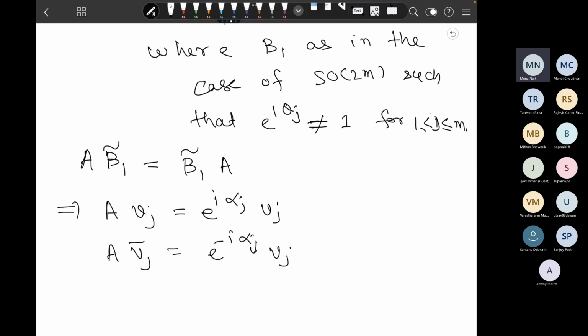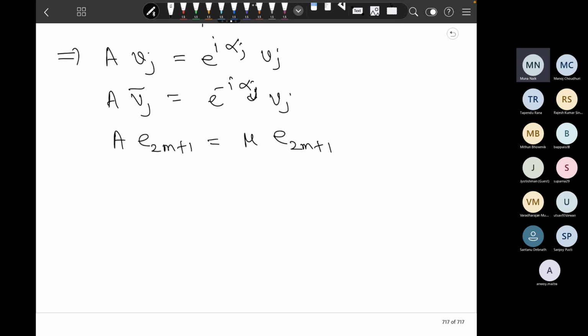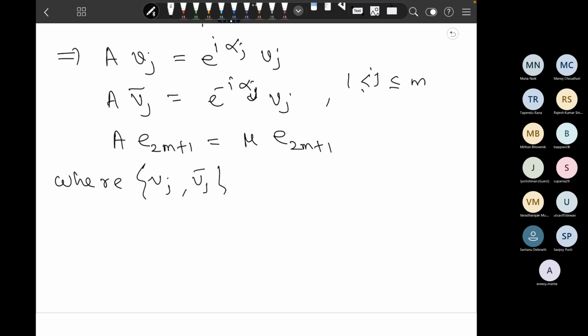Now here you will get another basis vector, A e_{2m+1} is equal to mu e_{2m+1}, for j from 1 to m, where bj and bj bar are as in the case of SO(2m).